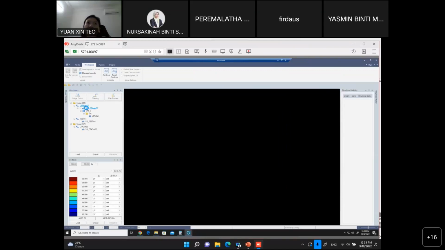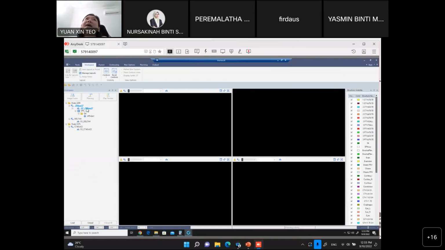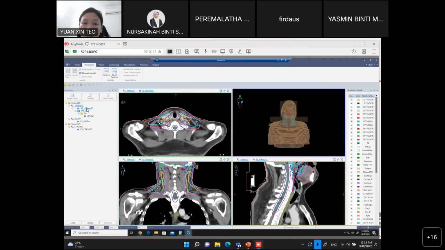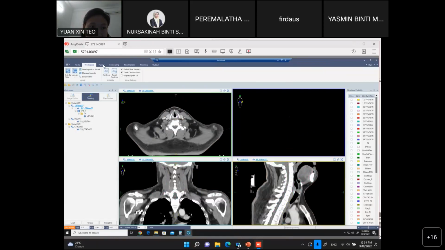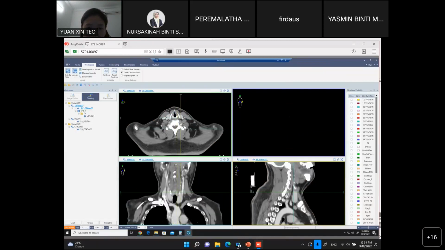So normally, the doctor asks for contrast injection because they want to differentiate the tumor and the blood vessels. For example, as you can see here, all these bright white things, these small round white things, are actually our blood vessels.